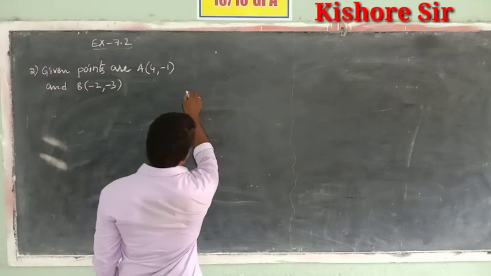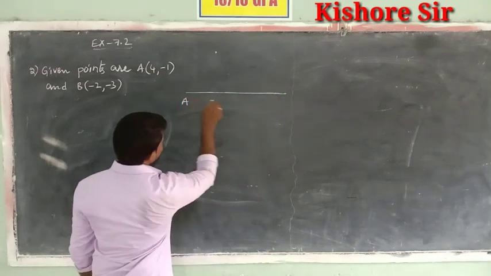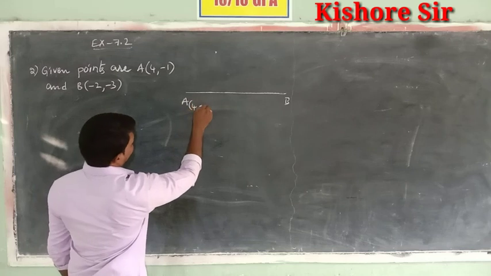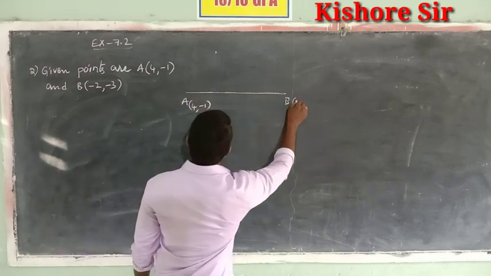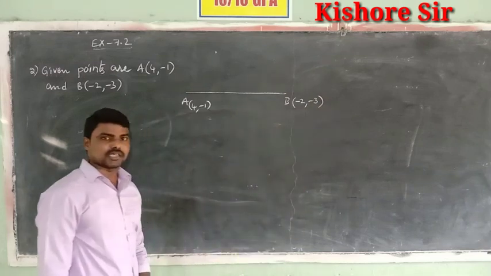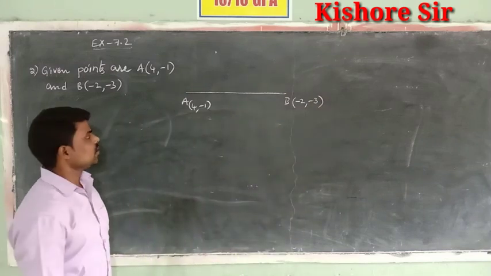So draw a line segment AB. Point A is (4, -1) and B is (-2, -3). Find the coordinates of the points of trisection.